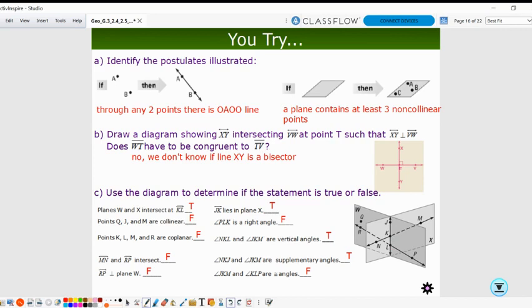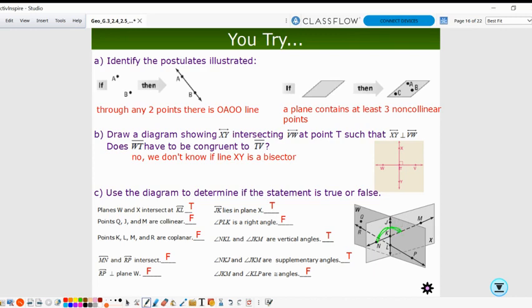Angle NKL and JKM are vertical angles, and that is true. We have this angle and this angle. Angle NKJ and JKM are supplementary.